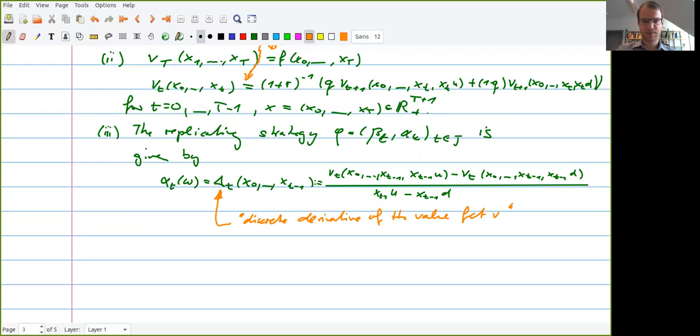And so you can write this out explicitly yourself again. I think it's rather clear what to do. But if you want to check out some more details, you can look at the lecture notes.